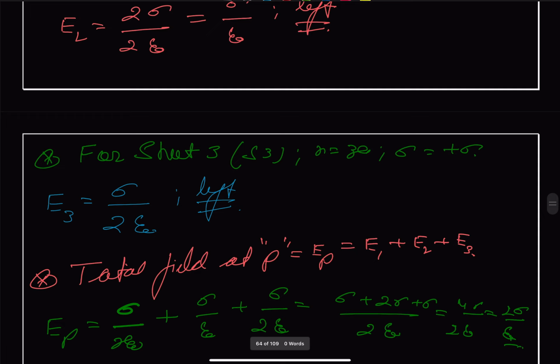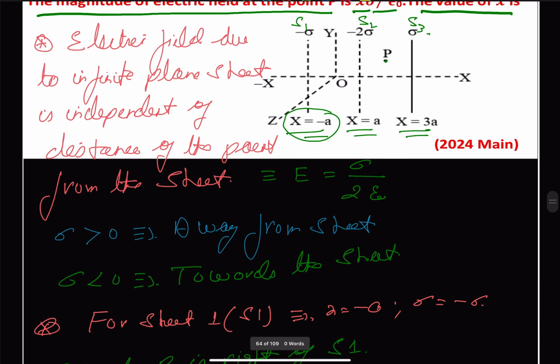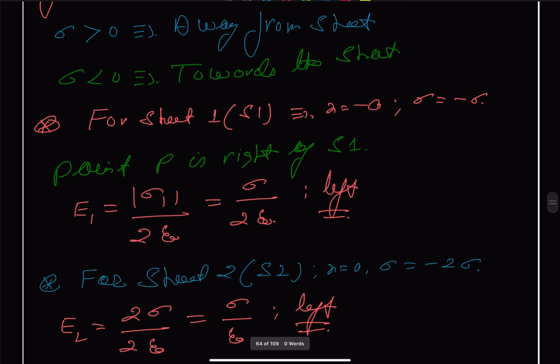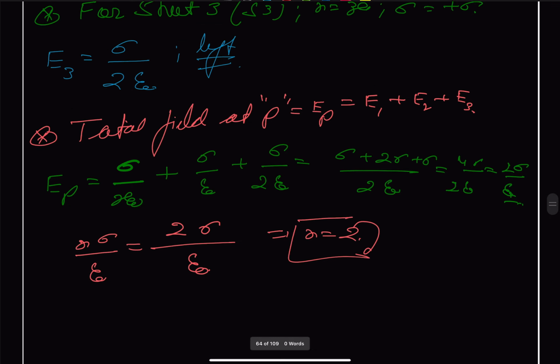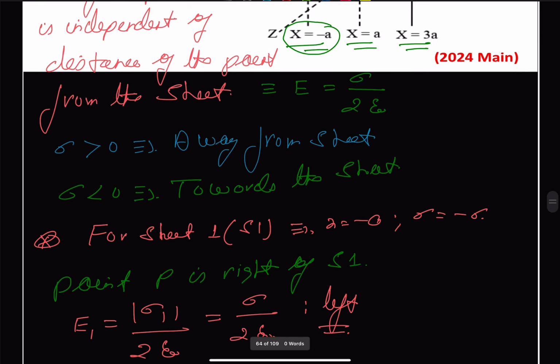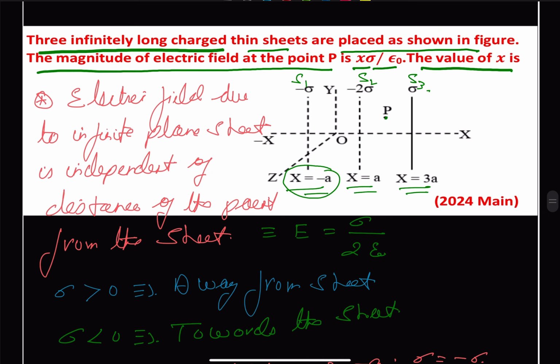And we are given that it is x sigma upon epsilon naught. So x sigma upon epsilon naught is equal to 2 sigma upon epsilon naught. This gives us that value of x is equal to 2.